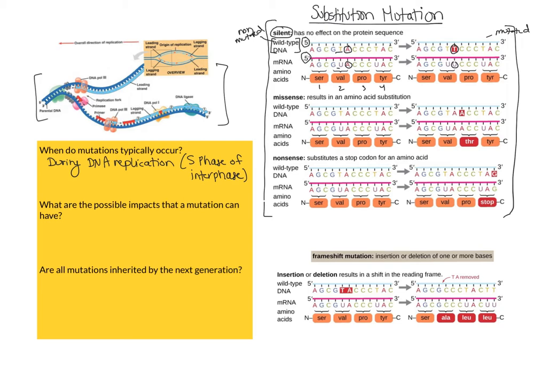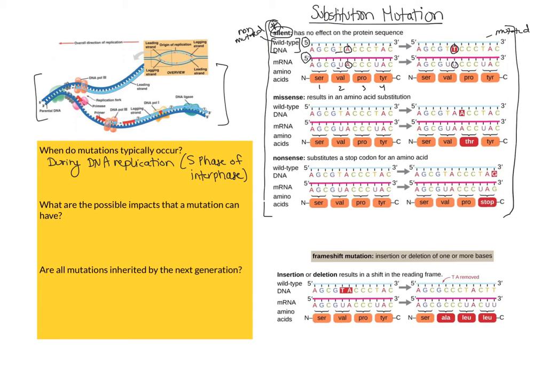Now, the reason we call this a silent substitution mutation is because we have substituted a nucleotide in the DNA sequence, but it's had no effect on the protein sequence. That's because, if you remember that genetic code table, for a lot of the amino acids there are multiple codons that lead to the same amino acid.